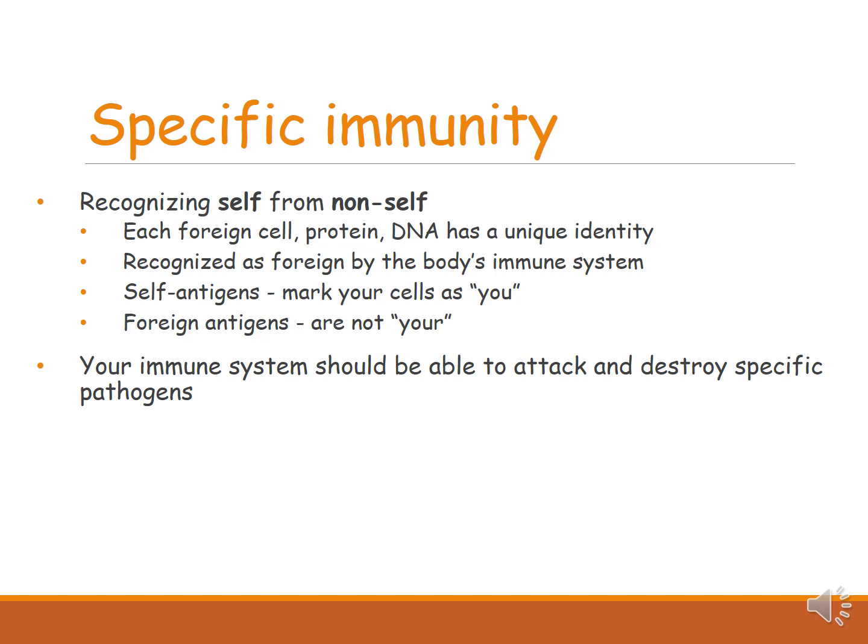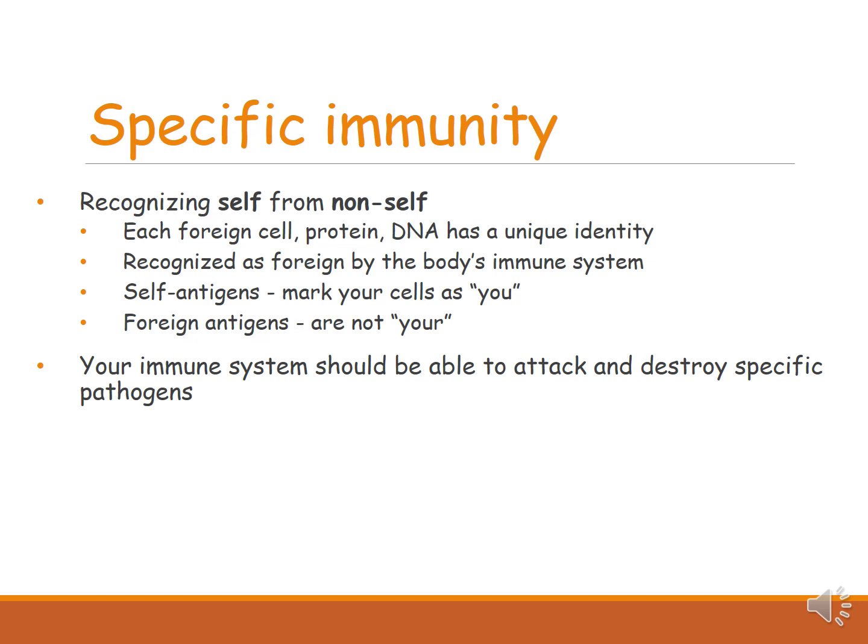A key component of immunity is the ability for you to recognize cells that are part of your body, which are self, from things that are foreign, which are non-self. Each foreign cell, foreign protein, foreign DNA has its own unique identity. And you need to be able to recognize these substances as foreign.